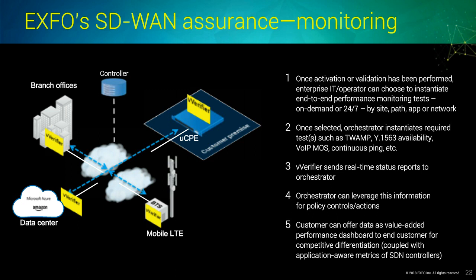Meaning if the customer is buying only connectivity, but they have their own components in their own private cloud, there is a possibility for the service provider who provides connectivity to provide additional service to assure and monitor these other services as well.